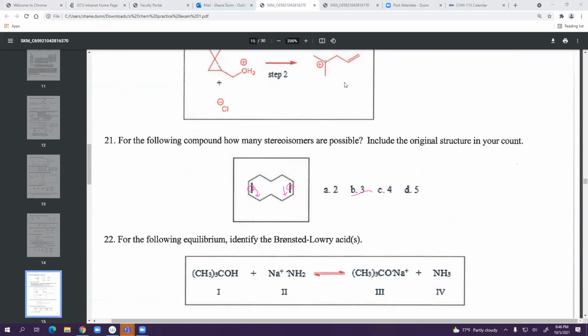If that doesn't make sense, here's what's going on. If I move the bond here, or if I move the bond here, it's the same structure, right? Pretty much, it's just mirror images of each other. So pick one, pink or red. Okay, do pink then. This structure right here, if I move the bond here, or if I move the bond here, same structure. Pick one, green or purple, doesn't matter, right?